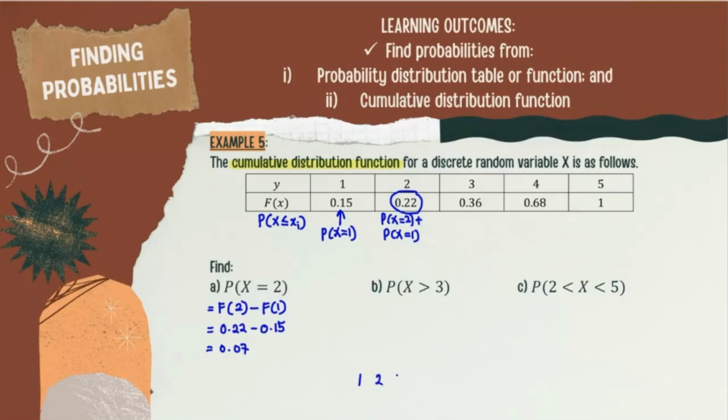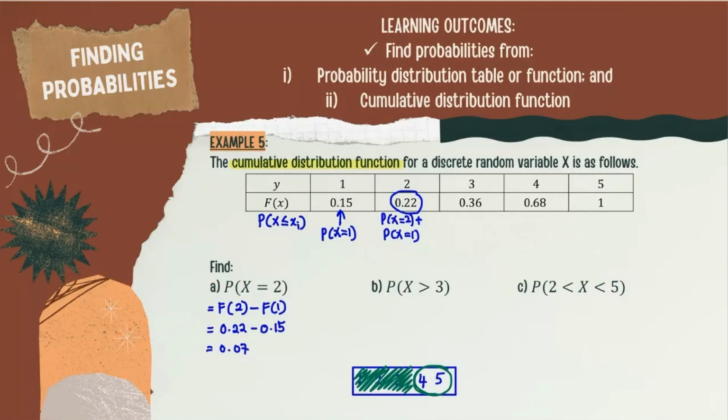So sekejap saya senang cerita, saya buat macam ni. 1, 2, 3, 4, 5. Okay. Ini semua total probability dia adalah 1. So bila X greater than 3, the only one yang I want adalah 4 dengan 5 sahaja. Kalau sini area dia adalah 1, probability dia adalah 1. So untuk dapatkan yang sini, saya akan reject yang saya tak nak lah. So ini yang saya tak nak. Okay, so yang saya tak nak tu daripada mana? 1, 2, 3.